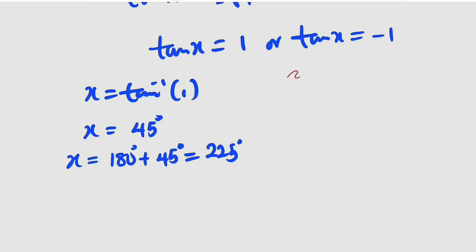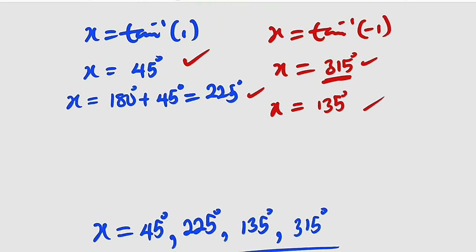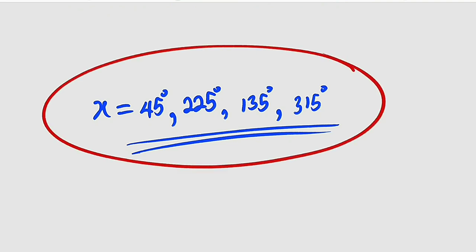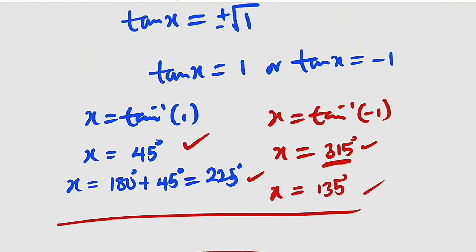And if you come to the other one, you take tan inverse of both sides, so you have x equal to tan inverse of -1. If you take tan inverse of -1, you're going to obtain 315 degrees, but 315 degrees is closer to 360. So if you want to obtain the other angle, you can subtract 180 here, and that will give you 135 degrees. So you see we have 4 solutions, 1, 2, 3, 4, which are exactly this one. I obtained this one from unit circle, while this one from taking tan inverse. So now let us move on to the second question.